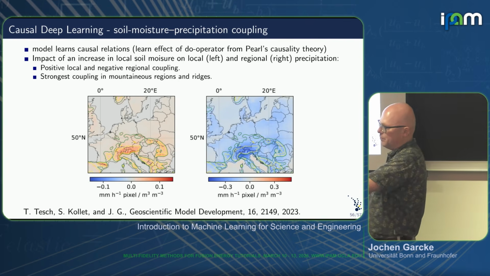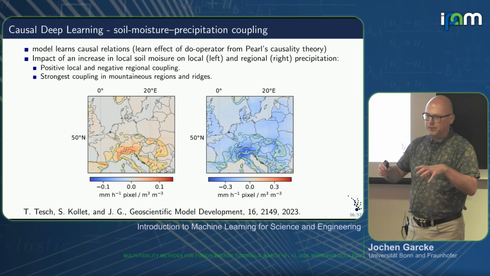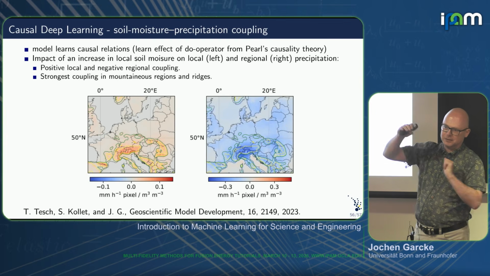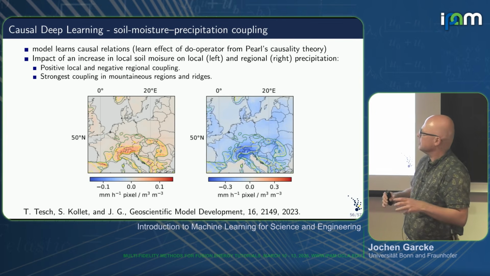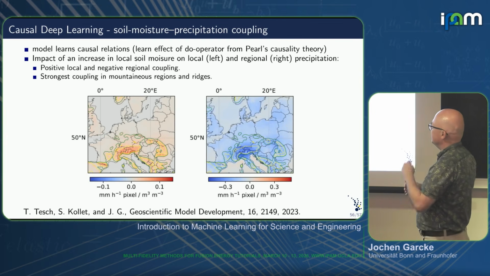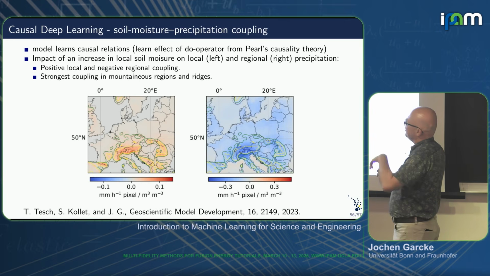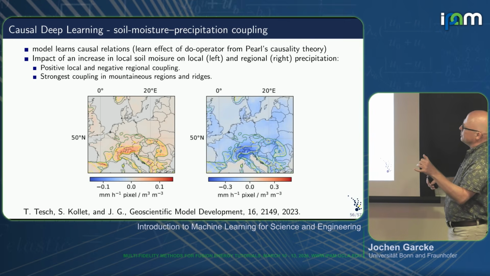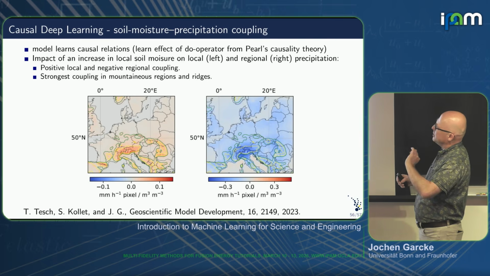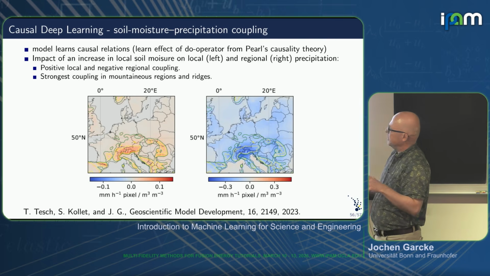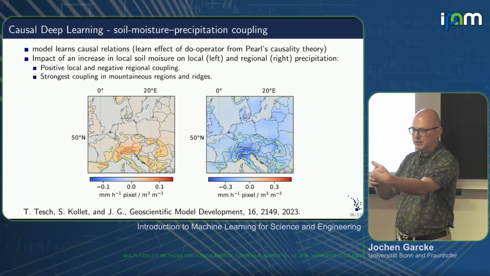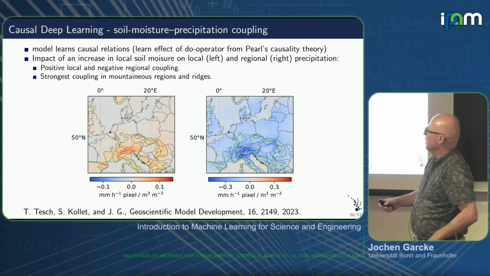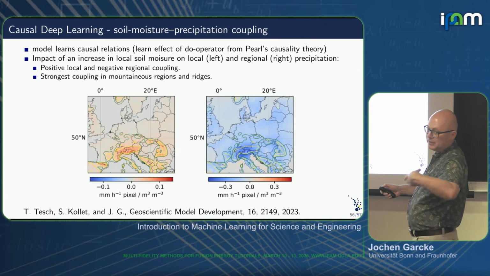So you build a structured graph model of how things influence each other, and you can approximate certain aspects of that with a deep learning model. We could use that to investigate the impact of local soil moisture on local and regional precipitation. We learned this causal model, did some sensitivity analysis, and could get new scientific insights.